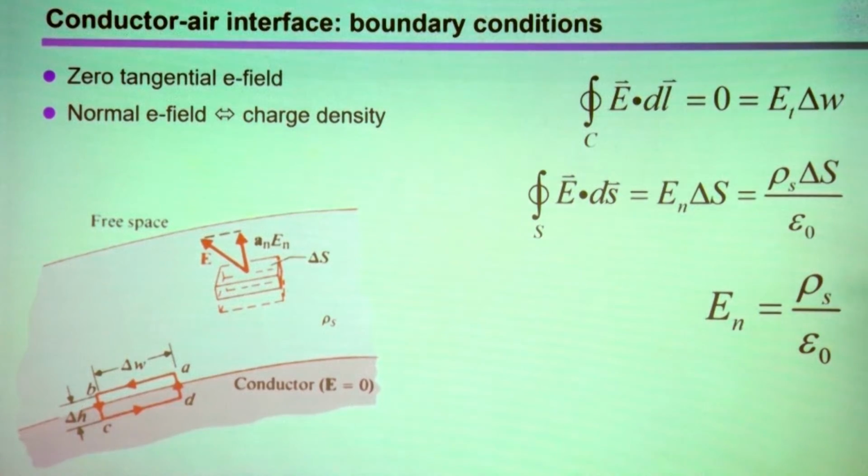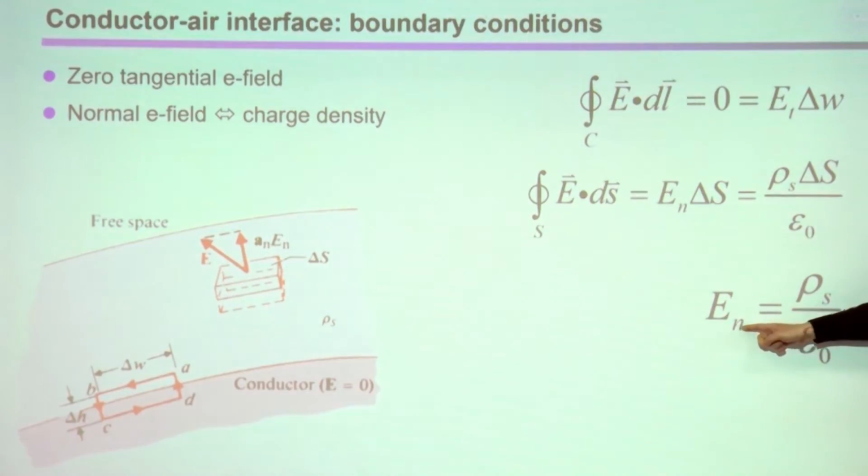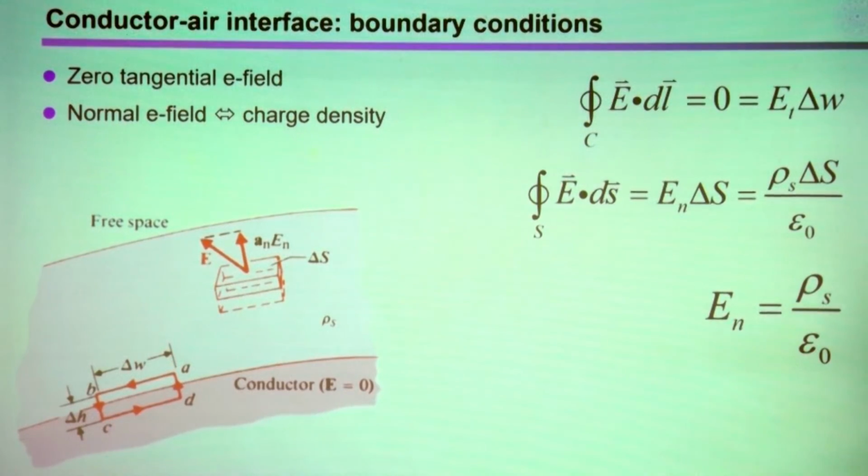Once you know the charge density on the surface of your metal conductor, you know your field strengths are all in the normal direction, and the quantity is your charge density divided by epsilon 0. Think about it.